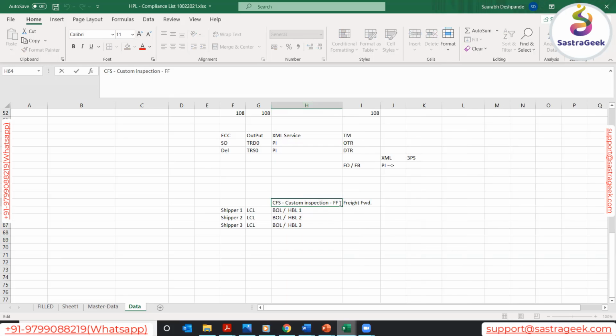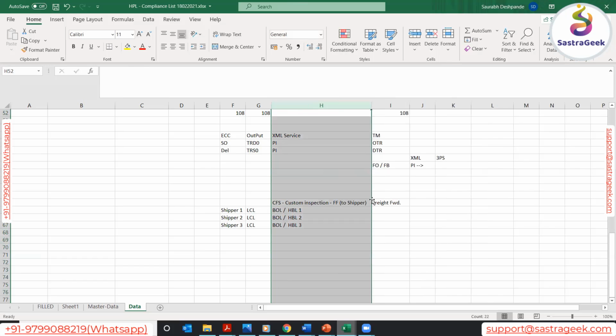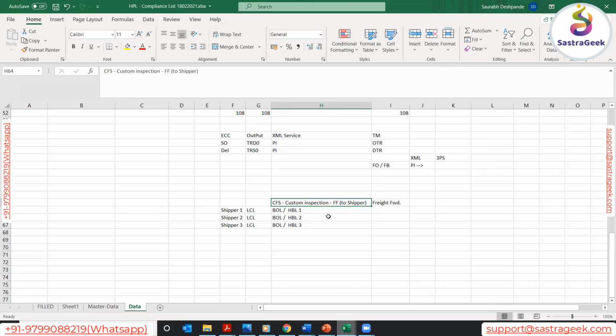Clear till here? Any questions? Yeah, it's clear, Sandeep. Okay. Thank you. So after custom inspection in the CFS, the freight forwarder will issue this BOL to shippers. So it will be individual BOLs.